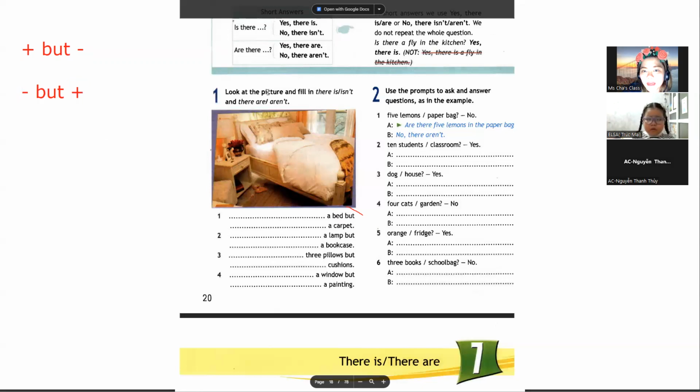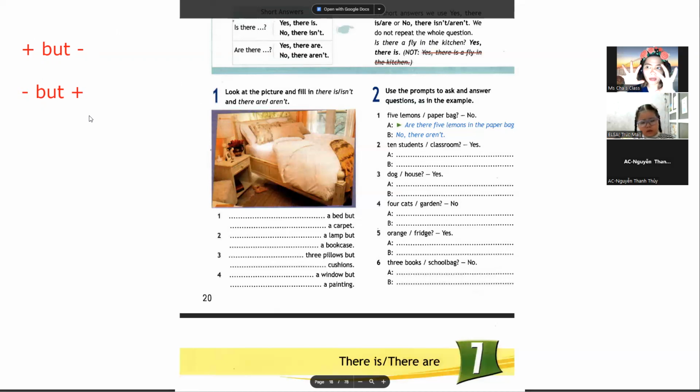Yes. How about you make a sentence for me using but? I'm good at English and Vietnamese, but I'm not so good at science. All right, so that's it.